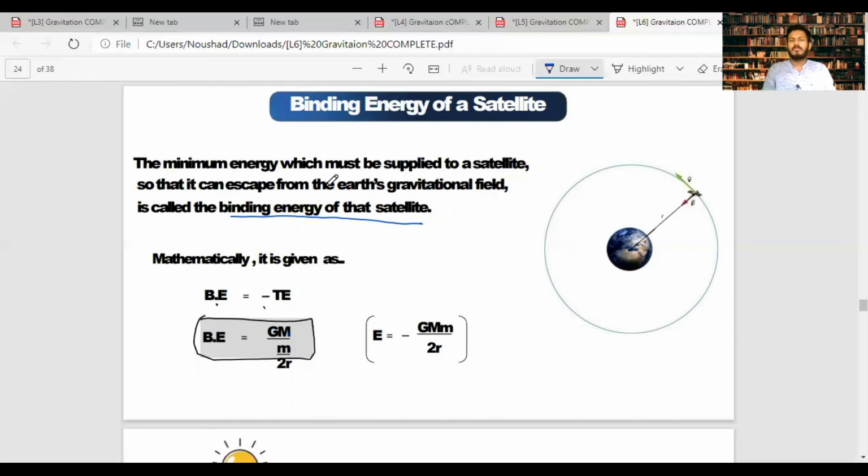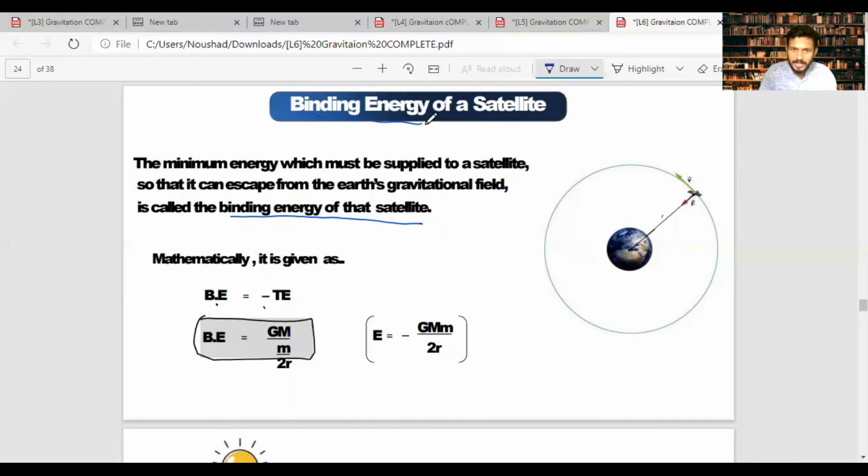We are sending a satellite from Earth, so the satellite must break the Earth's gravitational field and reach its orbit. So we must provide energy for escaping from the Earth's gravitational field.